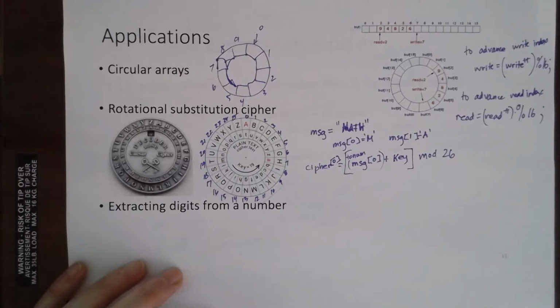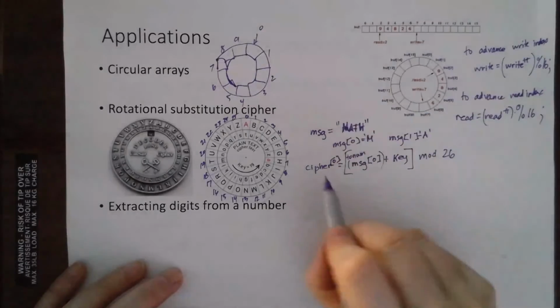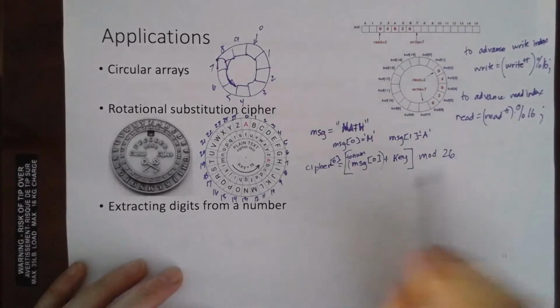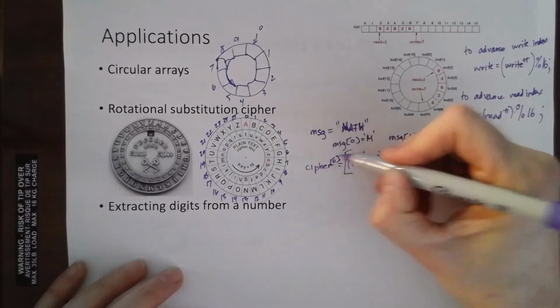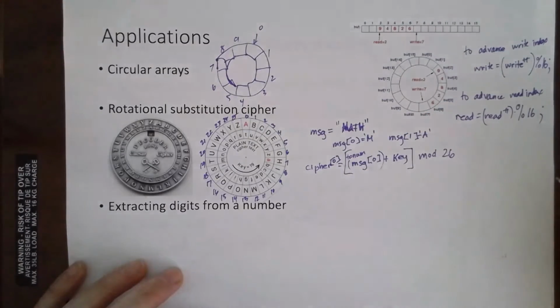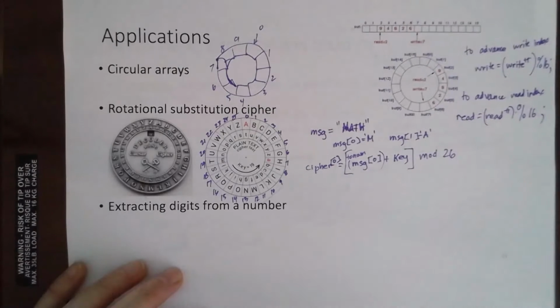So 31 mod 26 is 5, and so cipher 0 would be whatever 5 is. 31, no, it's 5, because 26 goes into 31 once with 5 left over.